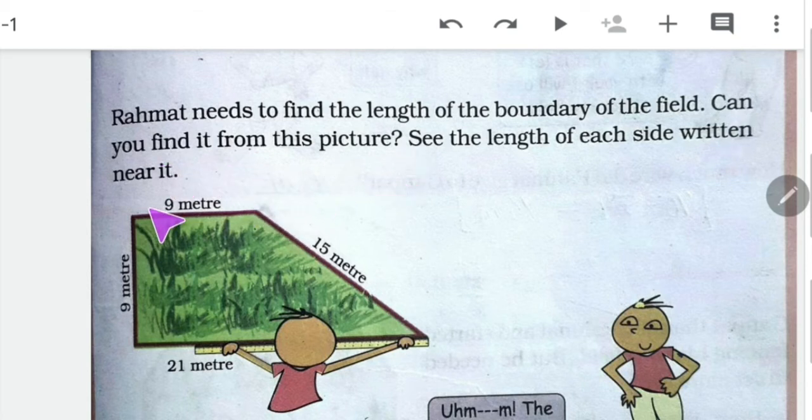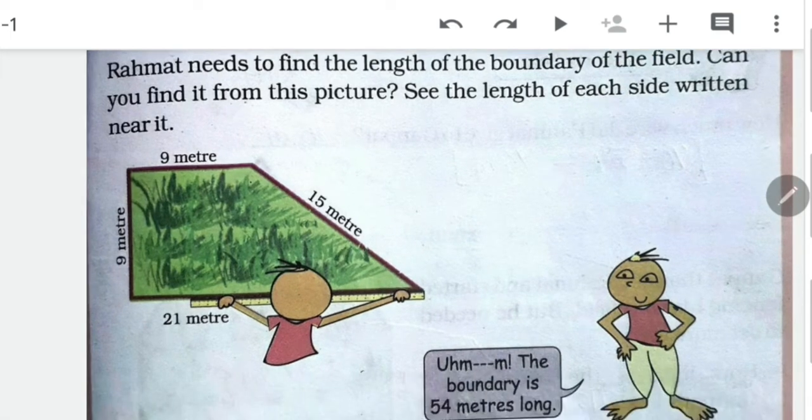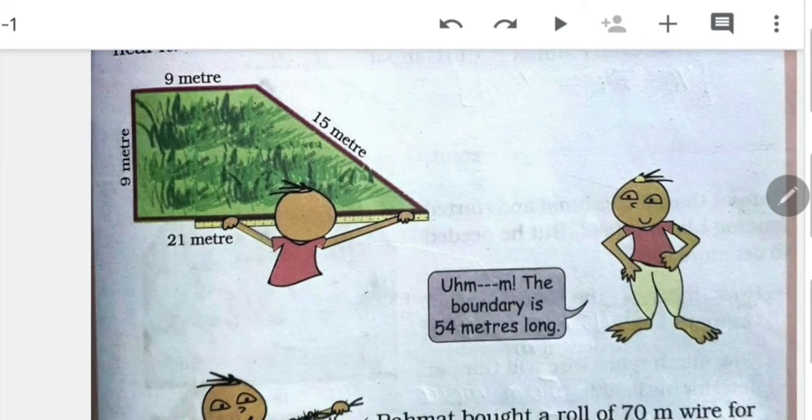So yes, we can find it, because we have been given the length of all the sides, and we can find the length of the boundary of this field by adding all these sides. Now see the length of each side written near it. Now let's help him find the length of the boundary.